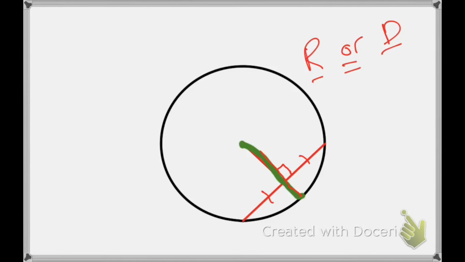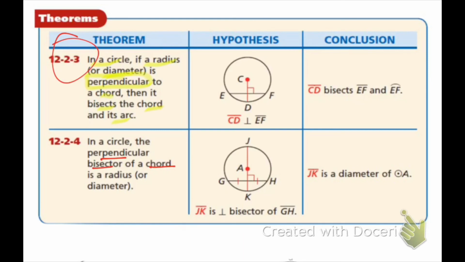Because for all I know, this segment could keep going to the other side of the circle. So you start with a perpendicular bisector of a chord, and my conclusion is that it's either the radius or diameter. So it could be the radius as well.